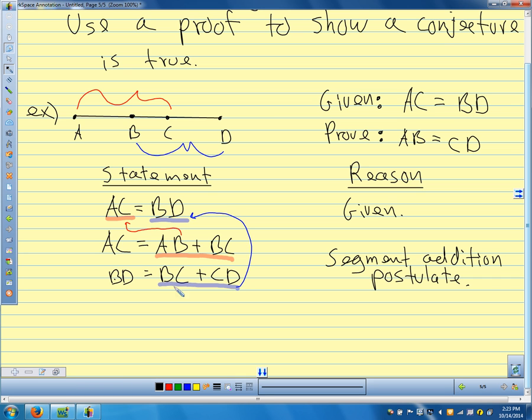Since those are equal, I can substitute one for the other. So I can say AB plus BC equals BC plus CD. So what do we call it when we take something that's equal and plug it in? Substitution. I substituted this for this. I substituted this for this. So this is substitution.